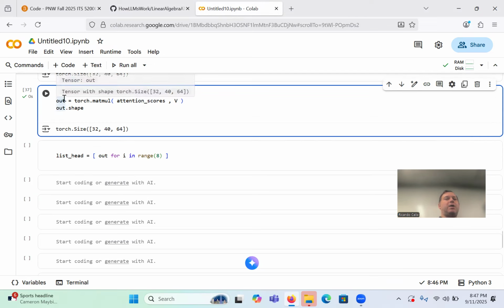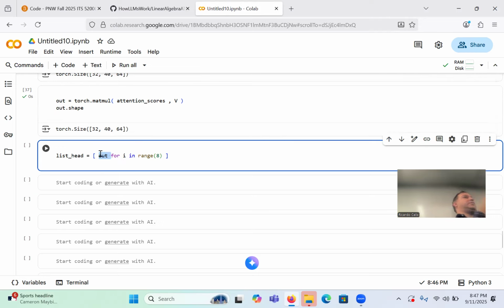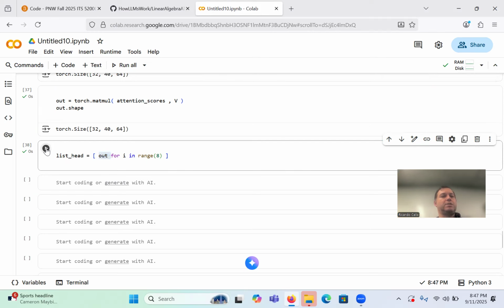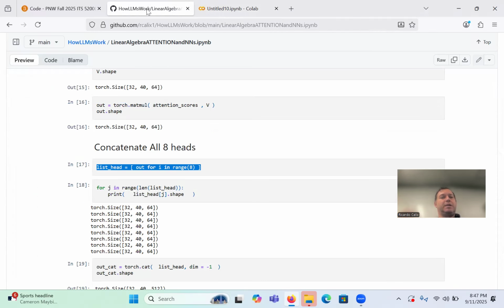Out is essentially the result of taking the x's, converting them into K and Q, matrix multiply K and Q to create the attention scores, and then that multiplied with V, and I get head, out, right? Now, I just create a little list, and I iterate from 1 to 8, and essentially I just populate it with the same tensor 8 times. And that simulates the 8 heads that I would get in parallel.